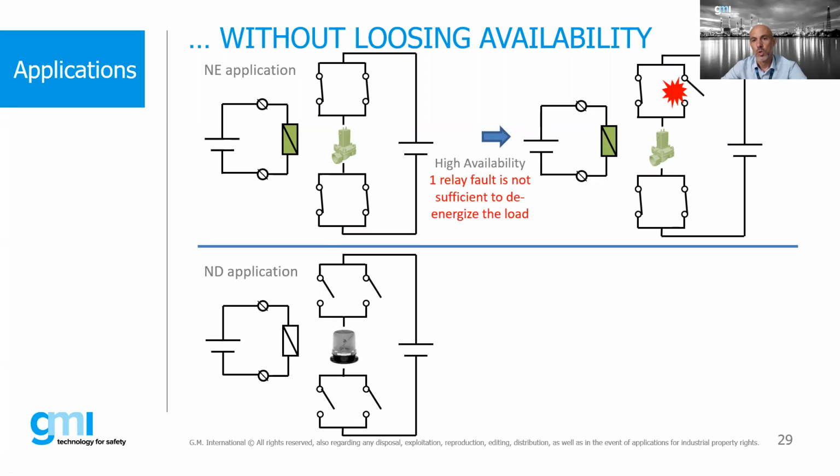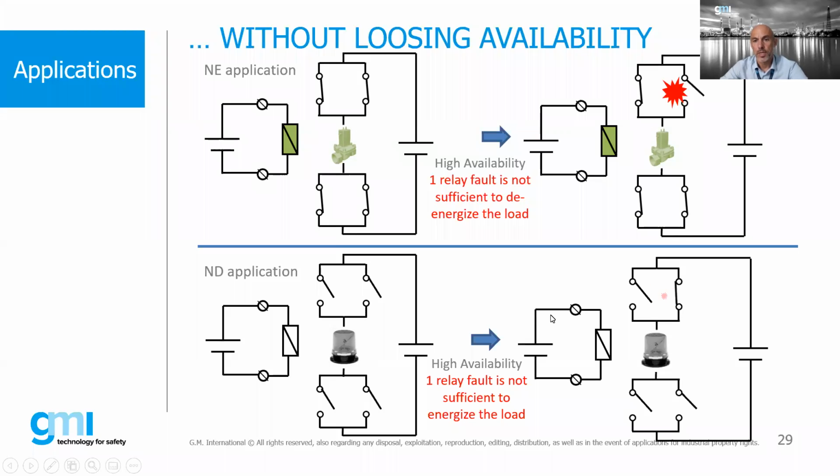So I'm not losing my safety function, and not losing availability in this case, because one relay is failing. So this configuration for normally energized is very safe, as you've seen in the previous slide, but it's also available.